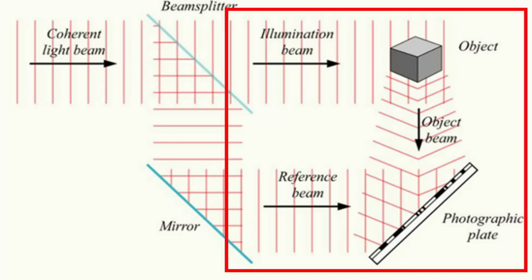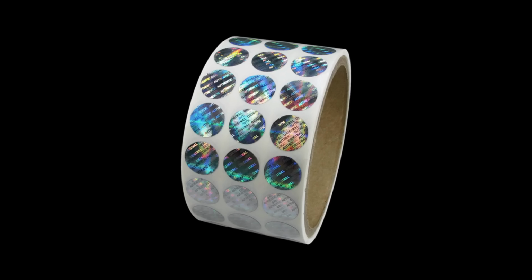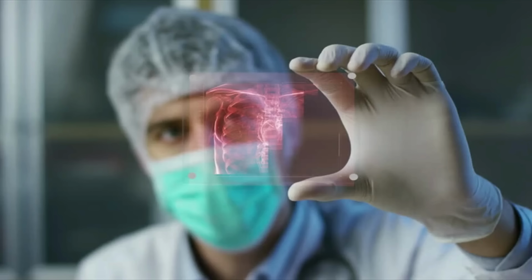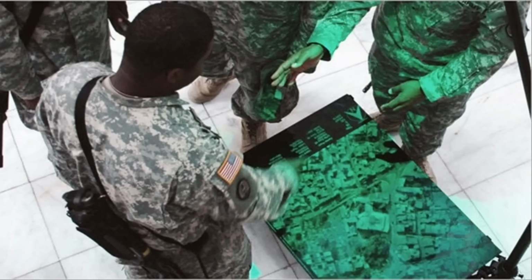This enables the resolution to be higher for the two beams, making the image look much more realistic than using only the silver halide material in the photographic film. Holograms are commonly found nowadays on things like stickers and on credit cards as security features, as well as more complex things like biomedical applications and military applications.